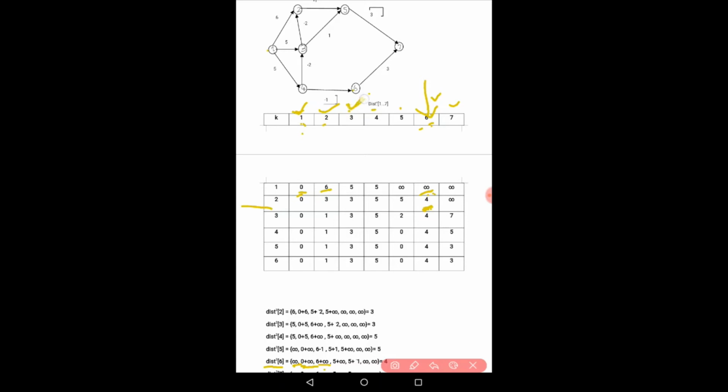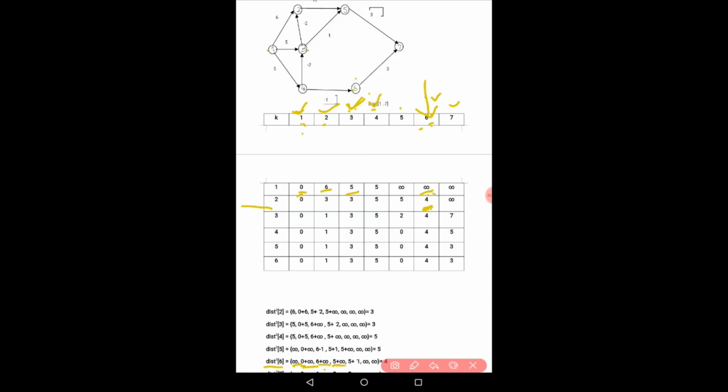Then I have to take all the remaining vertices. So next I will go for vertex 3. The previous row value is 5. So I have written 5 plus, from vertex 3 to current vertex 6, what is the value? From the graph I have to check. Vertex 3 to vertex 6, there is no direct distance, so that value also becomes infinity. So 5 plus infinity. Now vertex 3 is over.